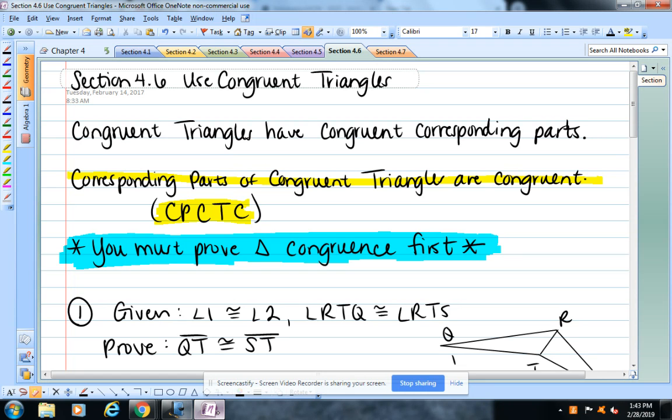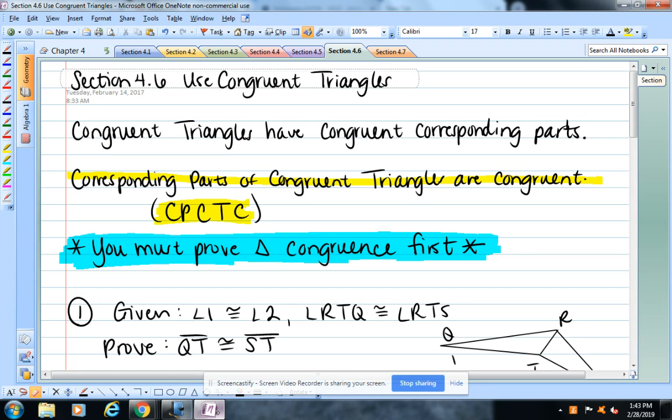So now that we know all the ways that we can prove triangles congruent, we're going to learn today to show that certain pieces of triangles are congruent by using something called corresponding parts of congruent triangles are congruent. Now we're going to abbreviate that as a reason as CPCTC.